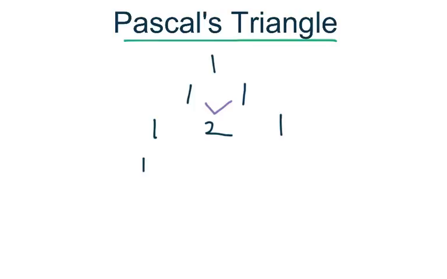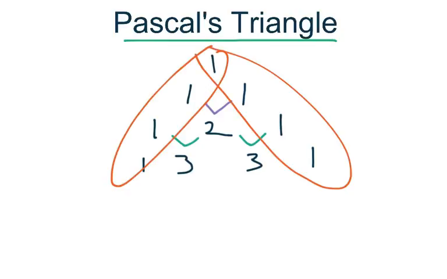Then it goes 1 3 3 1. Again, 1 and 2 is 3, 2 and 1 is 3. So the basic pattern again is the outsides, the beginning or end of each row is 1. And then the middle numbers are just the sum of the two numbers above them.